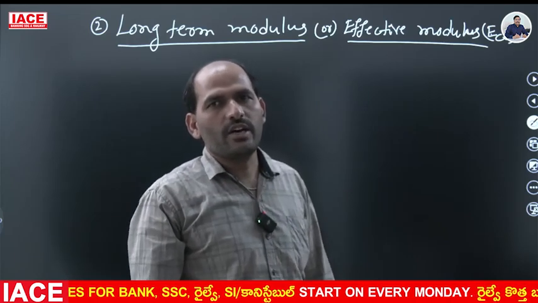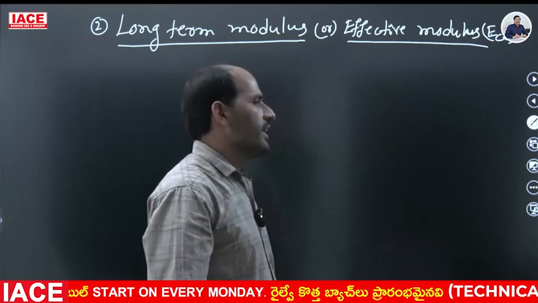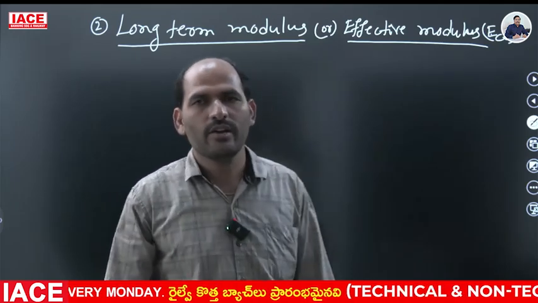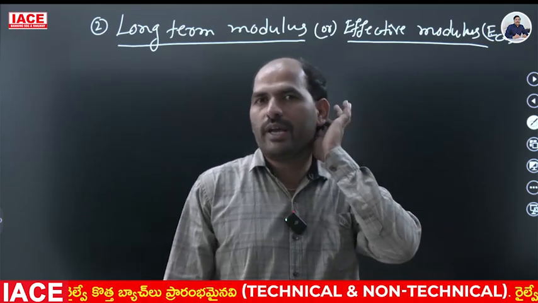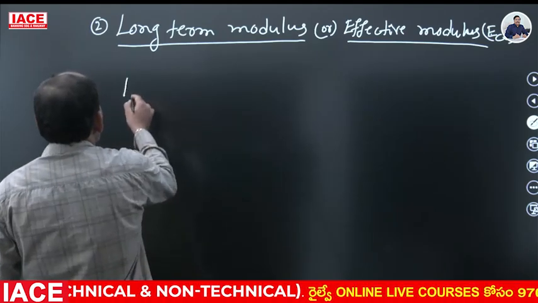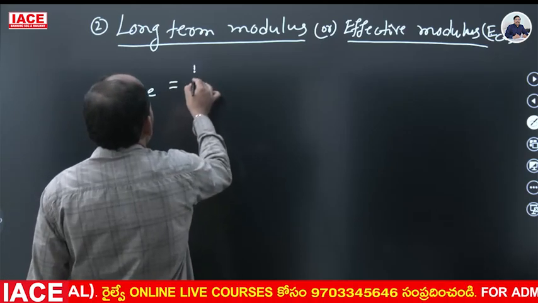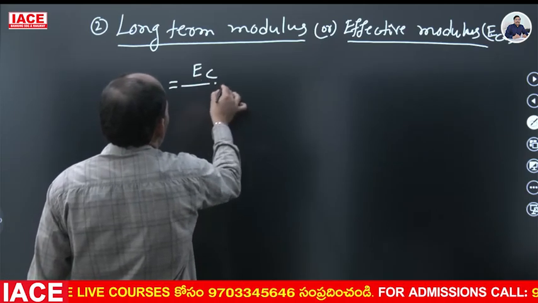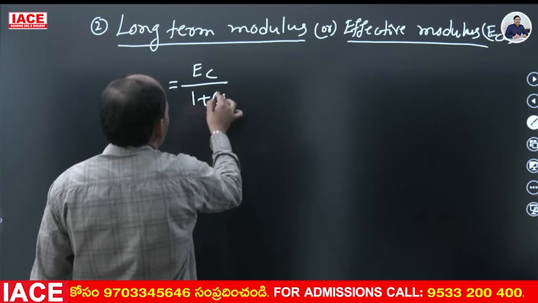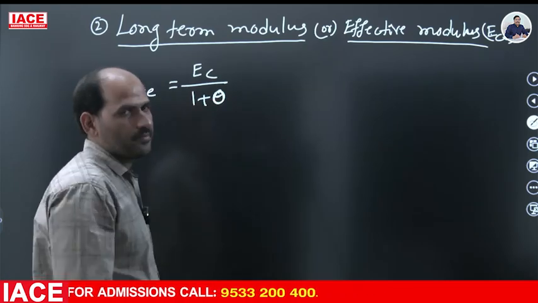So what is the long term modulus? It is the ratio of short term modulus upon 1 plus the creep coefficient value. So ECE, the long term modulus, is equal to static modulus upon 1 plus creep coefficient, denoted with theta.